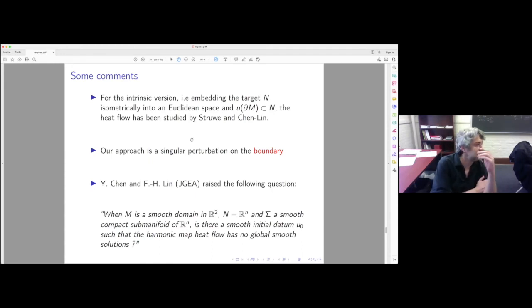And this is a much more natural thing because for harmonic map with free boundary, the interior problem is the classical one. So really, what you are looking at is a boundary effect.